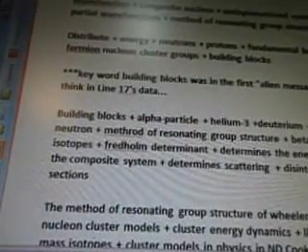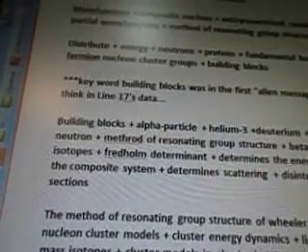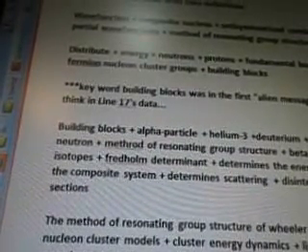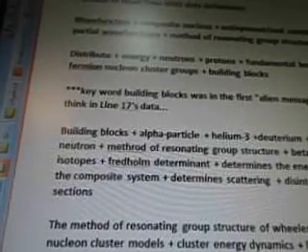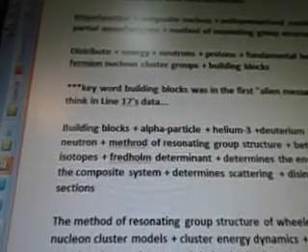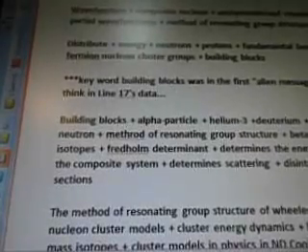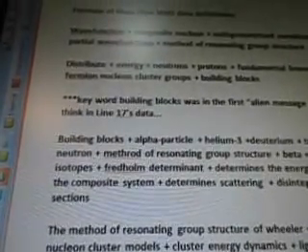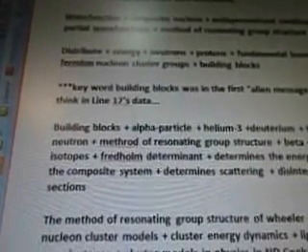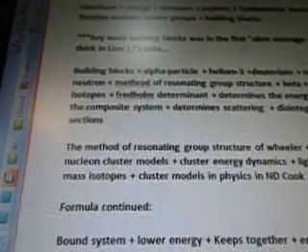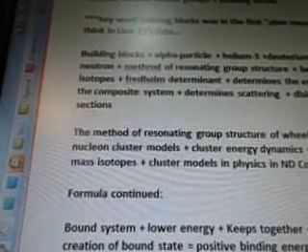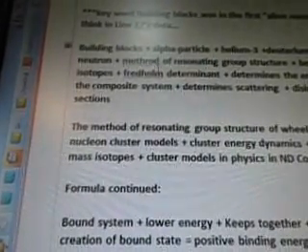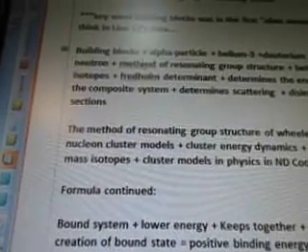Distribute plus energy plus neutrons plus protons plus fundamental boson plus fermion nucleon cluster groups plus building blocks. Keyword building blocks was in the first alien message videos, I think in line 17's data. Yeah, okay. So building blocks plus alpha particle plus helium-3 plus deuterium plus triton plus dineutron method of resonating group structure plus beta.